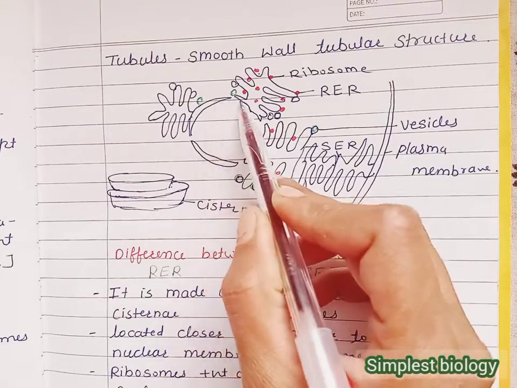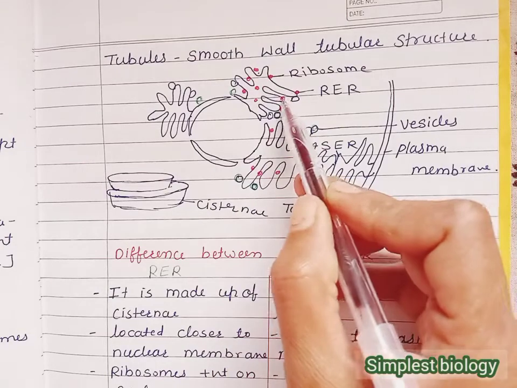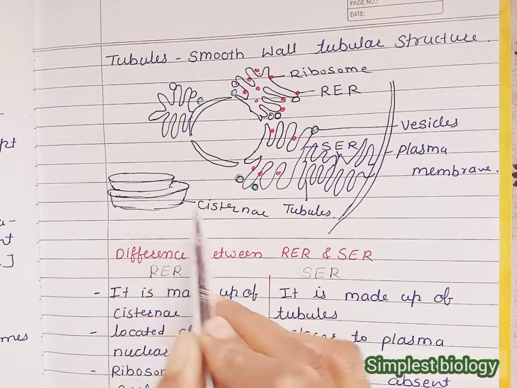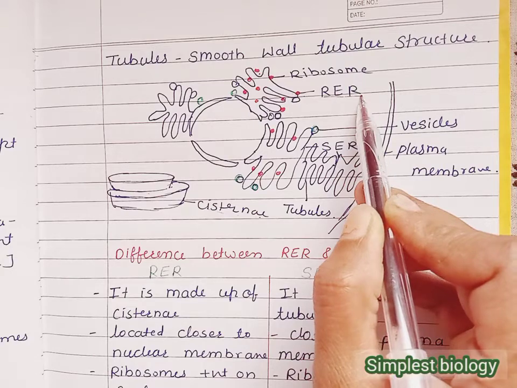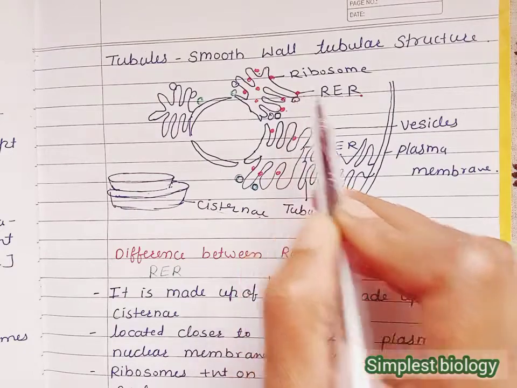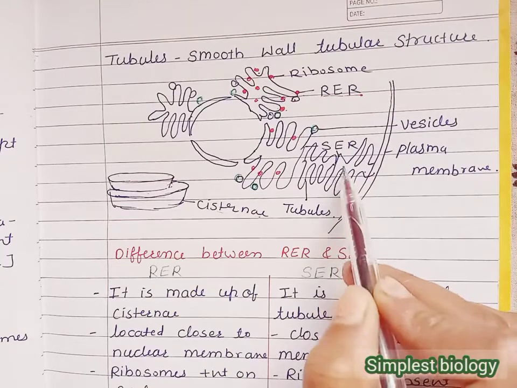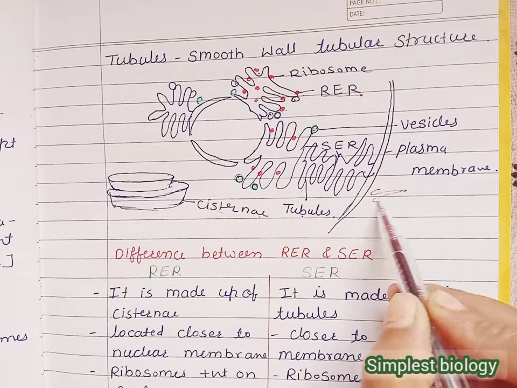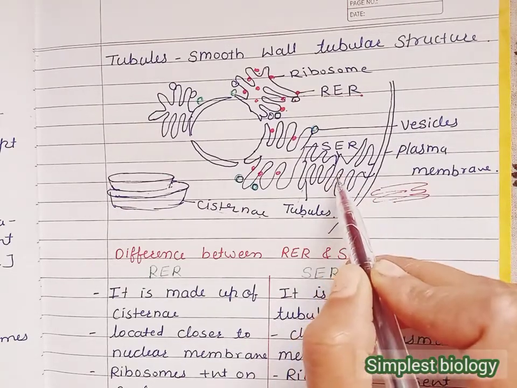Now we see the structure of it. That is the nuclear membrane, and from the outer wall of the nuclear membrane the endoplasmic reticulum starts. This part looks like a sac. Actually it is the 3D part of that sac, and we call it cisternae. Cisternae are mostly found in RER, the rough endoplasmic reticulum, and ribosomes are attached to its wall. Then the smooth endoplasmic reticulum is located near the plasma membrane, and its structure is tubular, tube-like, and it is without ribosomes.